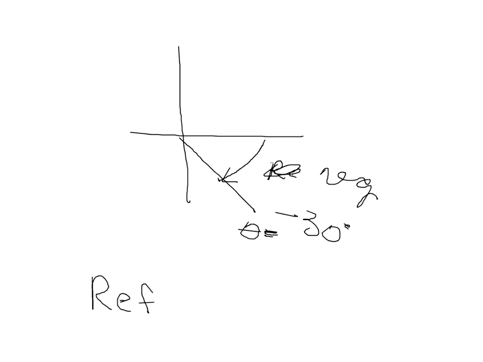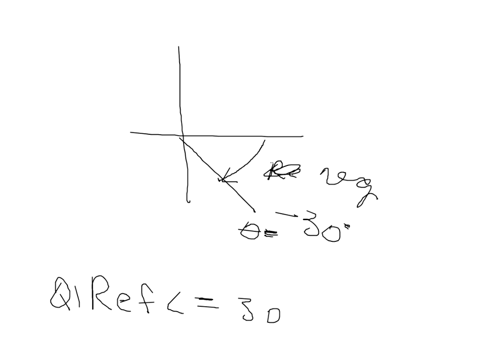Now, I can go this way. This is a negative angle. Whoops. This might be negative 30 degrees. So the reference angle is easy. As far as the first quadrant reference angle, it's just 30 degrees.